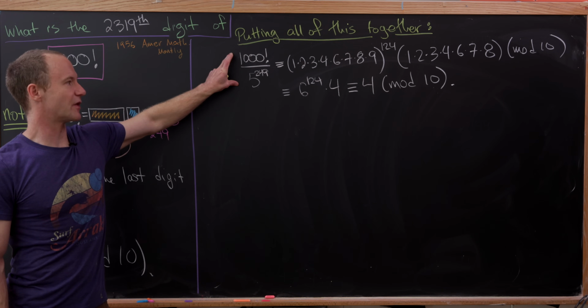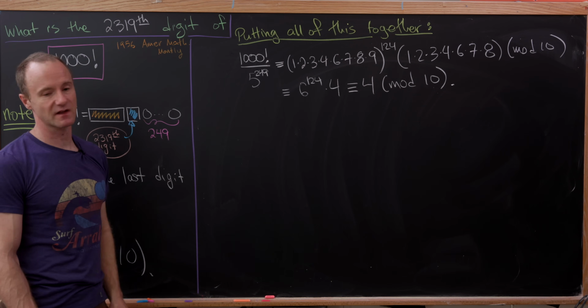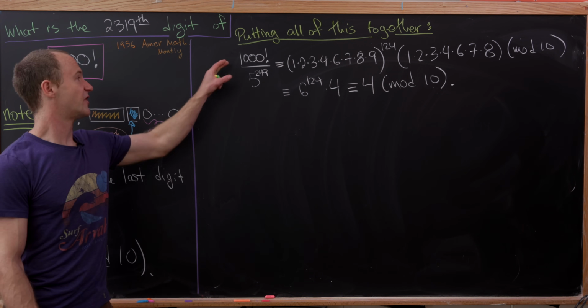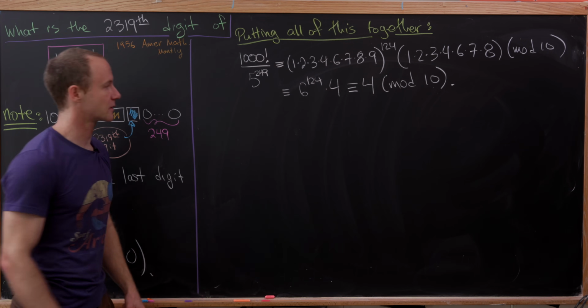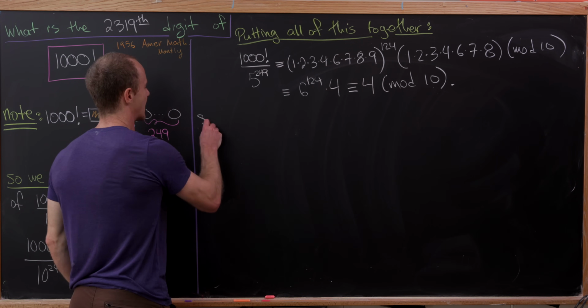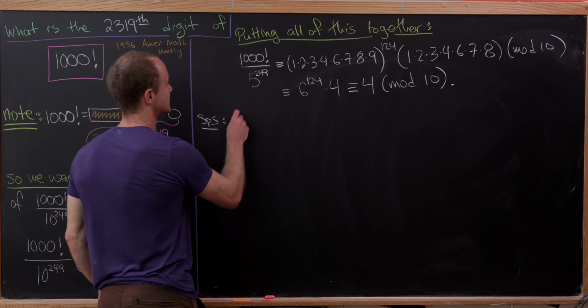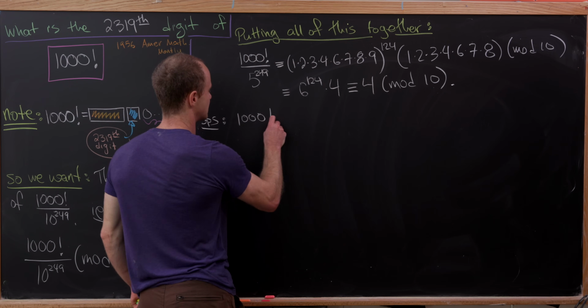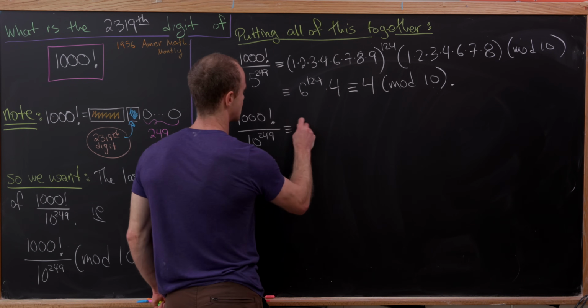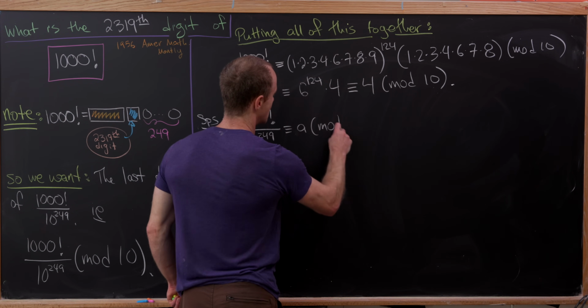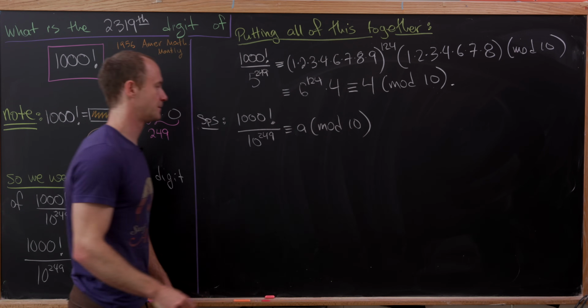But this isn't the number that we want the last digit of. We want the last digit of 1000 factorial over 10 to that power. Okay, so let's do that. Let's suppose that 1000 factorial over 10 to the 249 is congruent to a modulo 10.